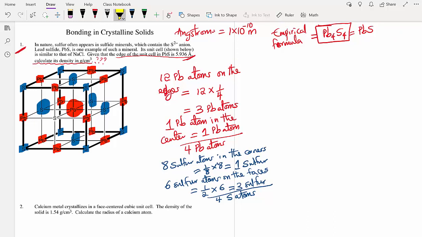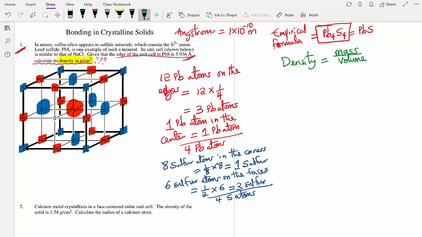Now remember that we are trying to find the density of the lead sulfide. So how do we go about finding the density? First, we need to remember that density is found from the ratio of the mass of a substance and the volume of the substance.